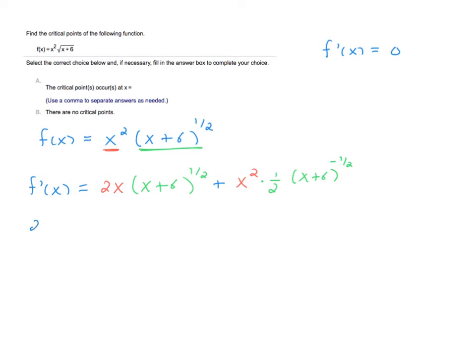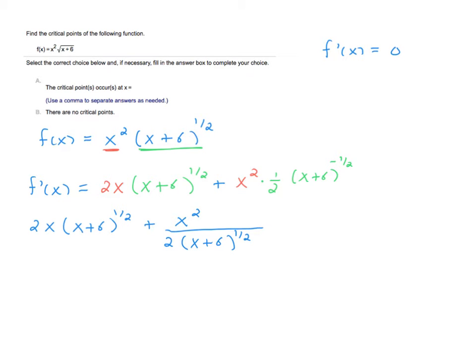All right, so that is 2x times x plus 6 to the 1/2 power, and we'll add on, okay, here we have an x squared. And this negative exponent means you can take this expression and put it in the denominator next to this 2. So that's what I'm going to do next. 2 is already in the denominator, but I'll put x plus 6 to the positive 1/2 in the denominator as well.